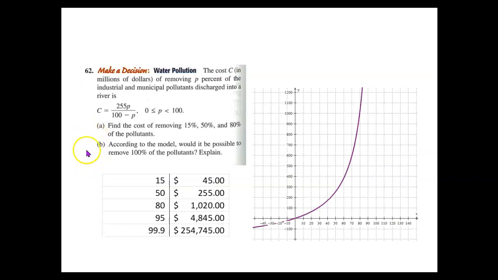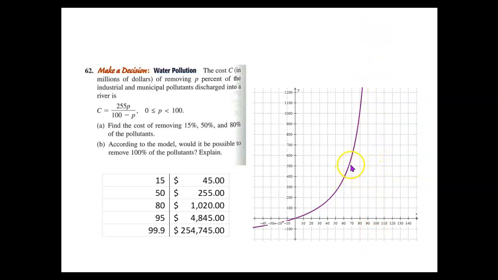Look at the water pollution example. In this case, I want to point out that we have a vertical asymptote. The denominator would be 0 when p is 100. So that vertical line where x or p is 100 is a vertical asymptote for the graph.